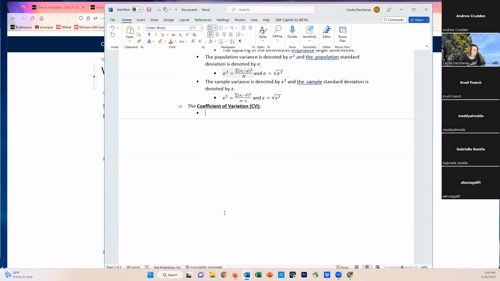So this is a relative measure of the dispersion in relation to the size of the mean.